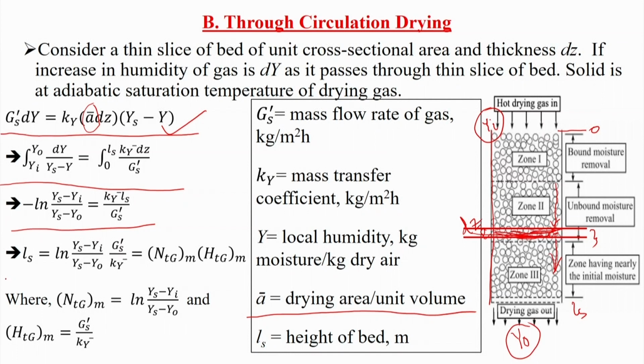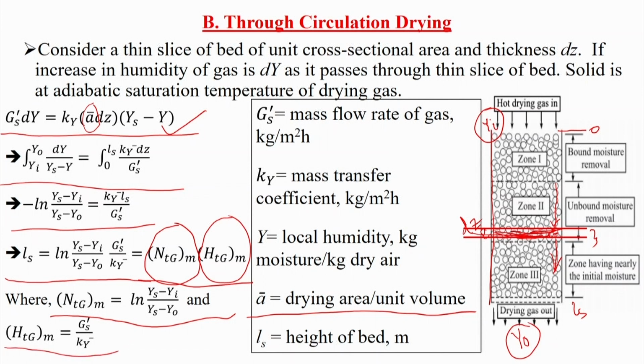So, L s will be ln of (y s minus y I) by (y s minus y 0) into G s by k y prime. Here, the length of this packed column is the multiplication of the number of gas phase transfer units into the height of the gas phase transfer unit. So, NTG is equal to ln (y s minus y I) by (y s minus y o), and HTG will be G s prime by k y prime.